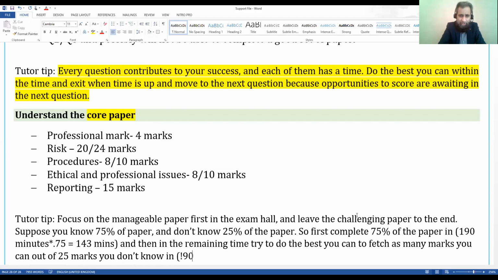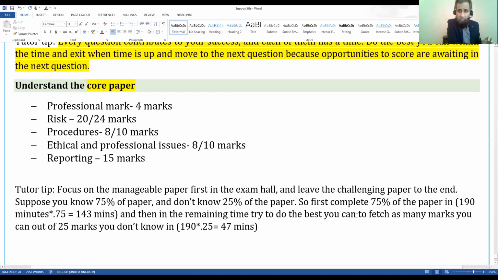In 190 multiplied by 0.25, which is 47 minutes. Is that a bad bargain, or is that a good bargain? Is that a situation where you plan yourself carefully? Is that where you need an alert mind to think in the exam?